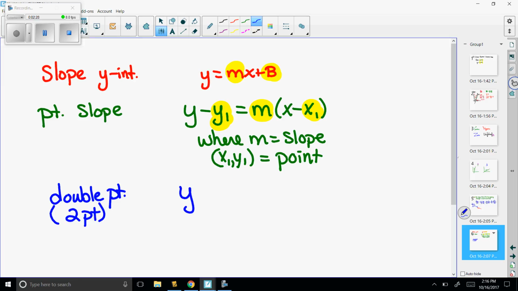It's going to be y minus y sub 1 is equal to, now here's the only difference, I don't know the slope because I have 2 points, but I can find the slope because it's y sub 1 minus y sub 2 over x sub 1 minus x sub 2.